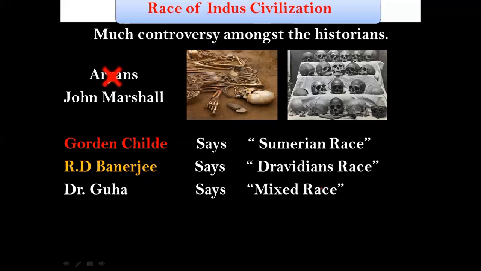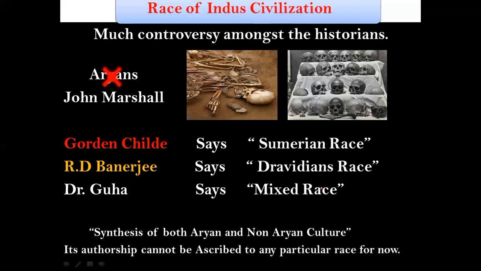Most probably, many races contributed to the evolution of this culture, and perhaps Aryans also formed an important part of them. There is every reason to believe that the Indus Valley culture was a synthesis of Aryan and non-Aryan culture.